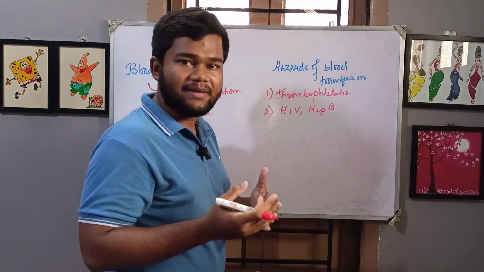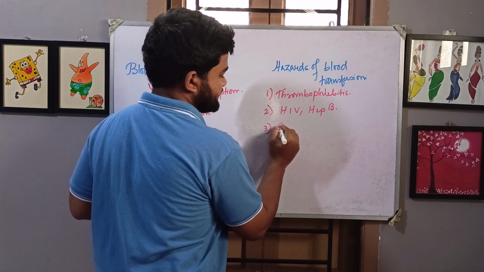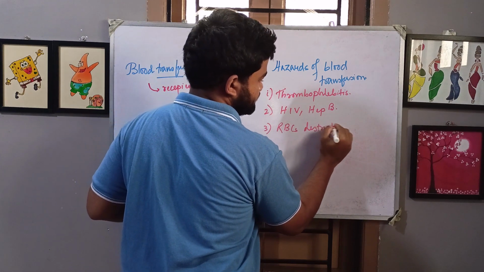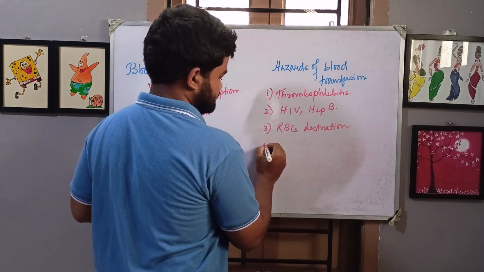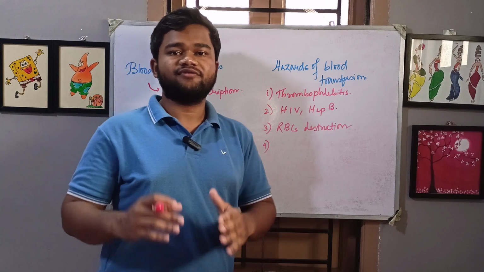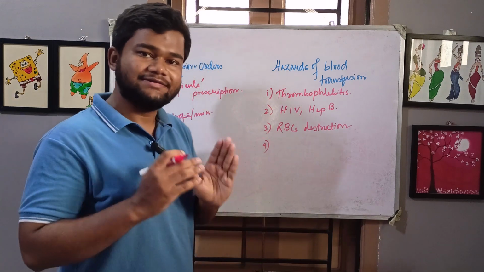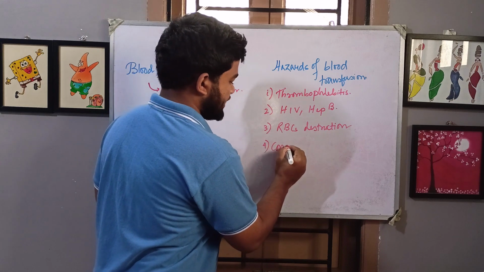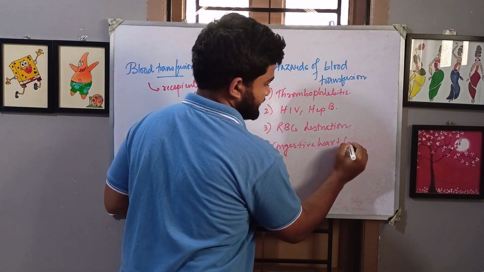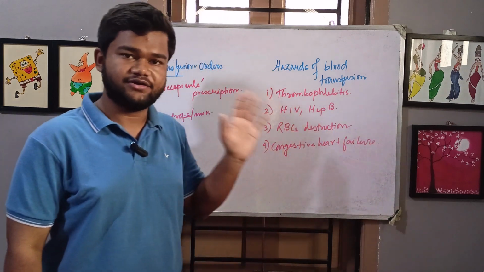Due to blood mismatching, there can be hemolysis of the RBC, that is, RBC destruction can occur. And number 4, in case of some elderly patients, blood transfusion can result in congestive heart failure. So these were a few of the complications or hazards of blood transfusion.